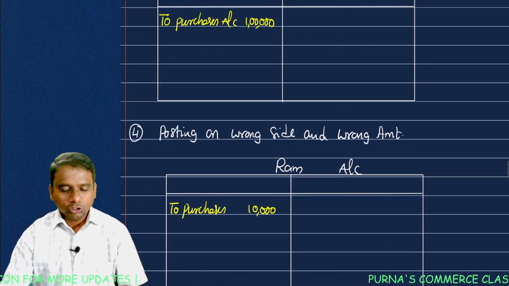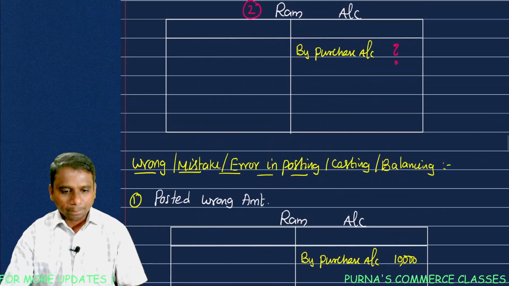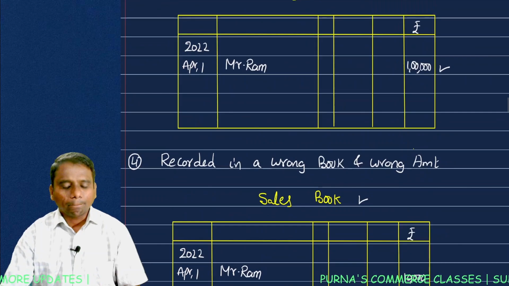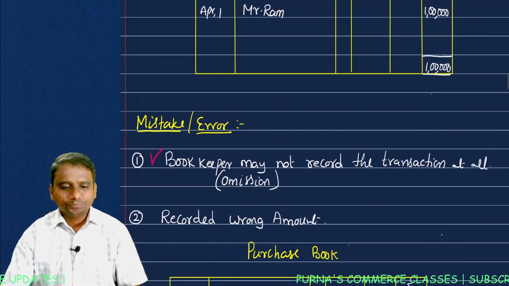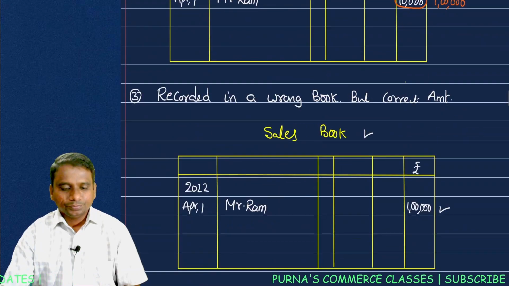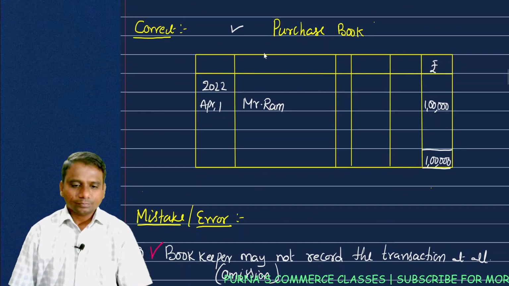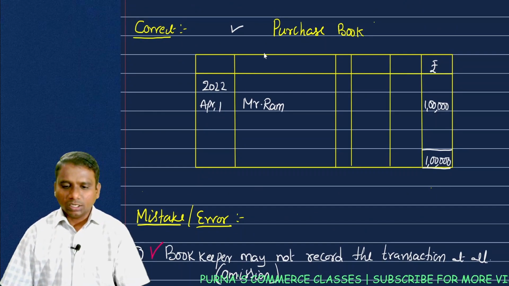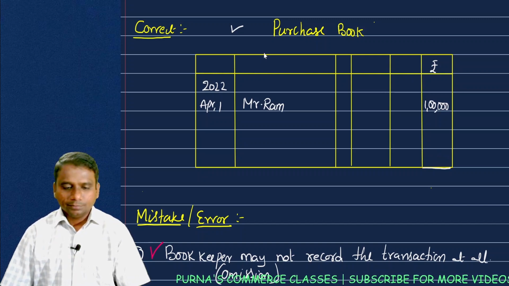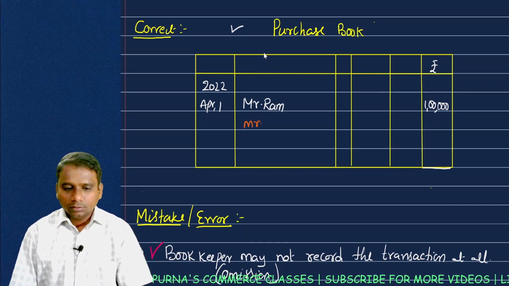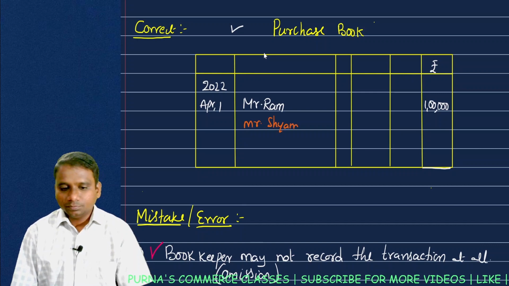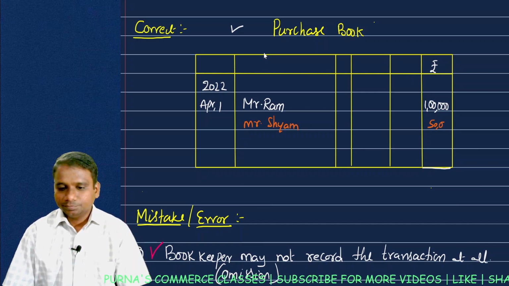Okay, I will show you with an example. Here we sold goods to Ram 1 lakh and to Mr. Shyam, assume 50,000.